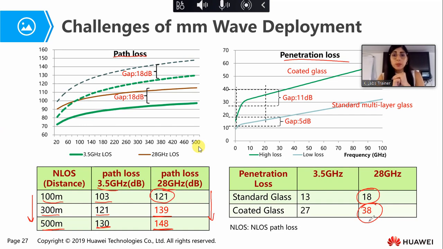And they can also be used as a backbone. So these frequencies are not used to increase the coverage, because it's not possible. We have problem in path loss and we have problem in penetration loss. So what we can do, we can use these frequencies to increase the capacity of our system, not to increase the coverage.